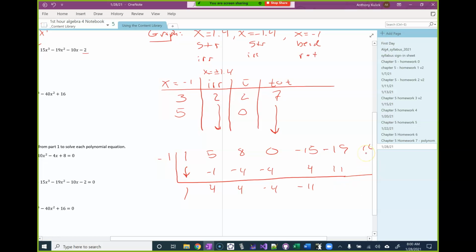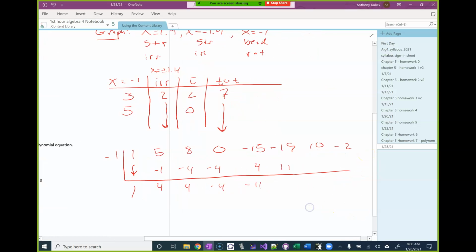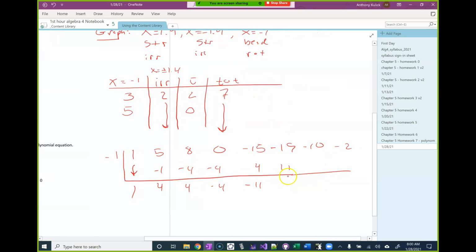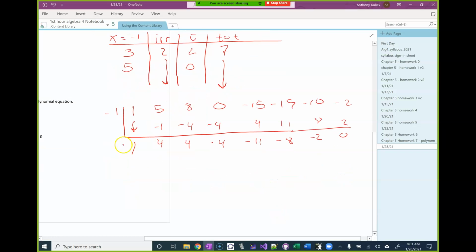It's like something's going on here where that's not working out. Negative 10 also. Great googly moogly. There we go. So that worked. And then I know it's going to work 3 times, so I'm just going to go again.